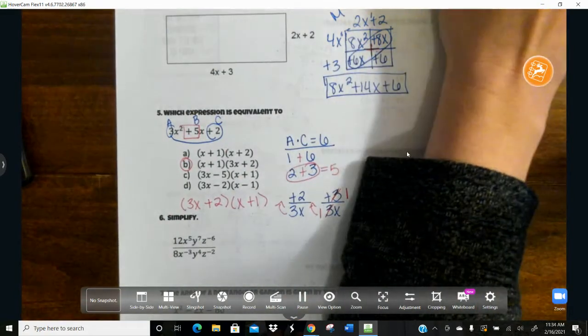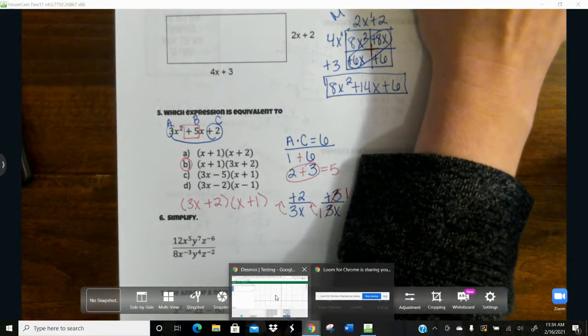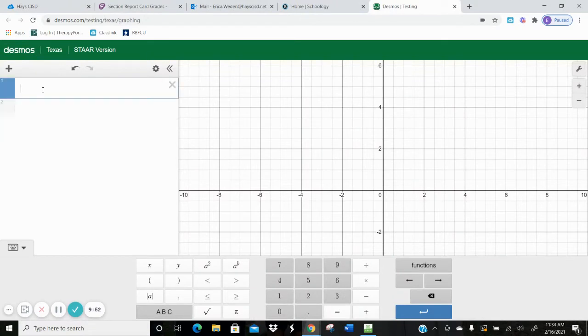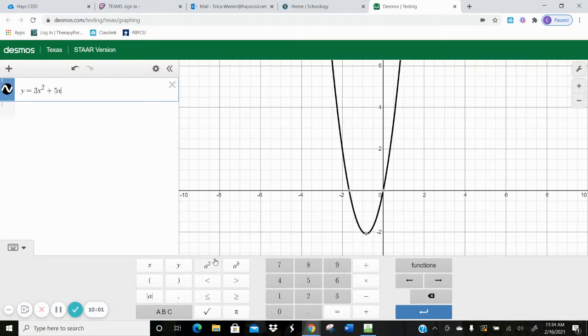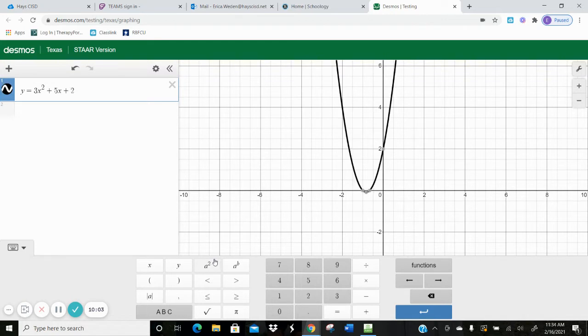Again, if you didn't know what to do, we could go through in Desmos and put the original in line 1. So y equals 3x squared plus 5x plus 2. And in line 2, we could put our answer choices.